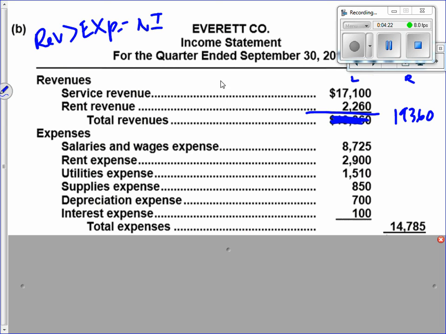A question that gets brought up, Mrs. Mars, can we abbreviate as a time saver? I don't want to see like SWE or RE or UE. I would be cool with something like salaries and wages expense, rent expense, utility expense.